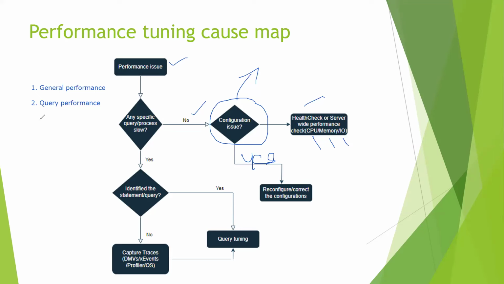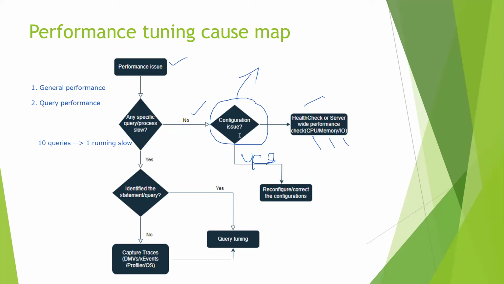Let's say, for example, they have 10 queries, out of which one is running slow. Out of 10, only one query, then there are very few chances that the configuration is an issue.